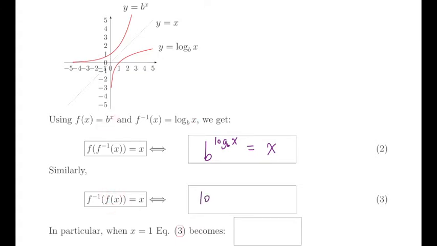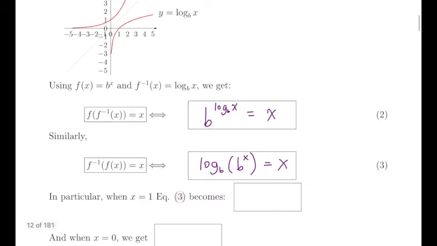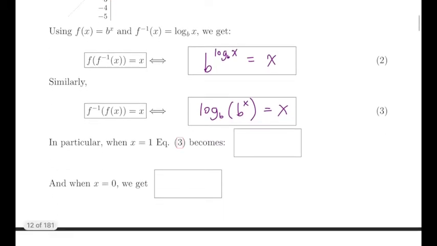So we're going to get log base b of b to the x, and according to this equation, it's equal to x. So again, the log base b and the b have the effect of canceling out, although it's not exactly canceling out.